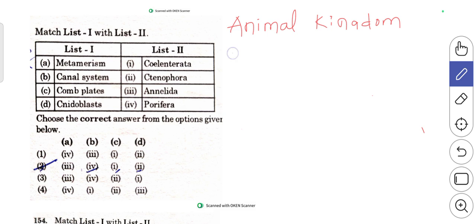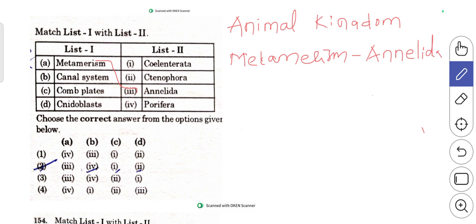Metamerism belongs to phylum Annelida. As you all know, in Annelida you will come across metameric segmentation, that is, the body is divided internally and externally along with the repetition of some of the organs. So this one will be Annelida.